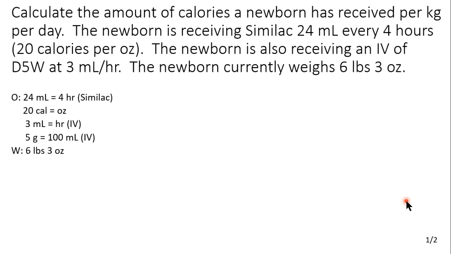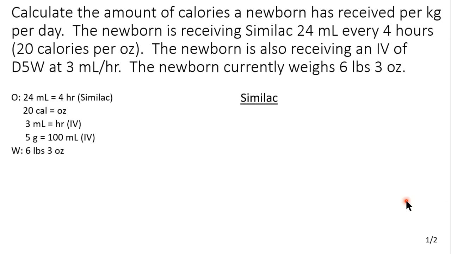And for the IV, you have a rate of 3 milliliters per hour, and since it is 5% dextrose, it means there are 5 grams in 100 milliliters of water. And the weight of the patient is 6 pounds, 3 ounces. We're going to have to calculate the calories separately for each solution because they have different calorie values.